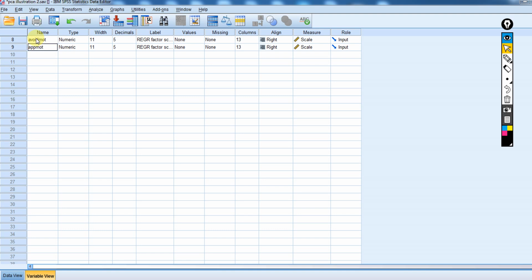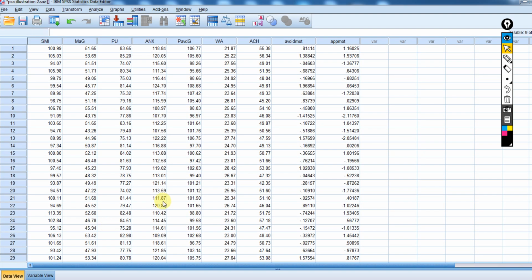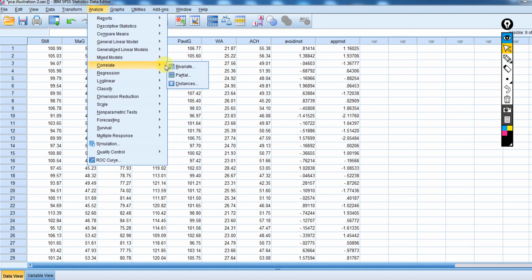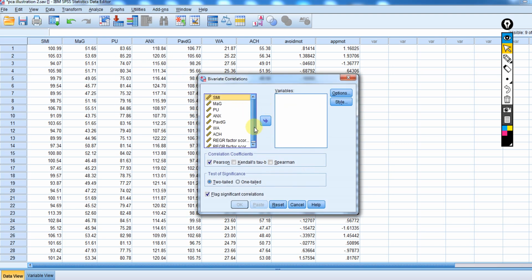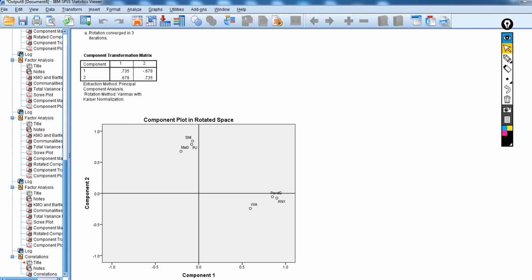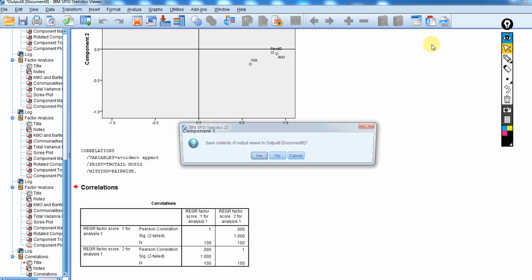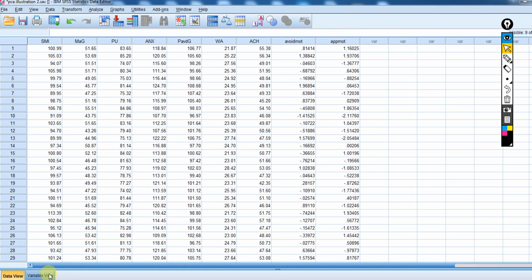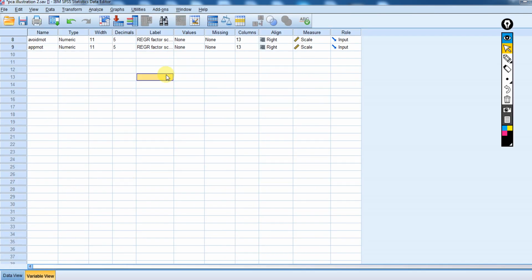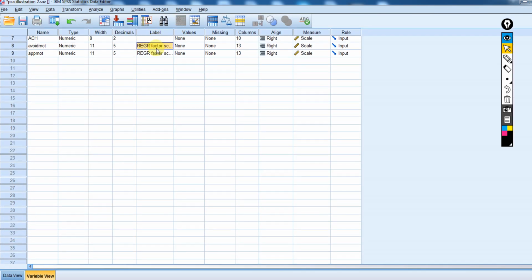If I run this and ask for the relationship between these two component scores, you can see that essentially they're uncorrelated. So they're going to account for additive variation when it comes to predicting variation in achievement.